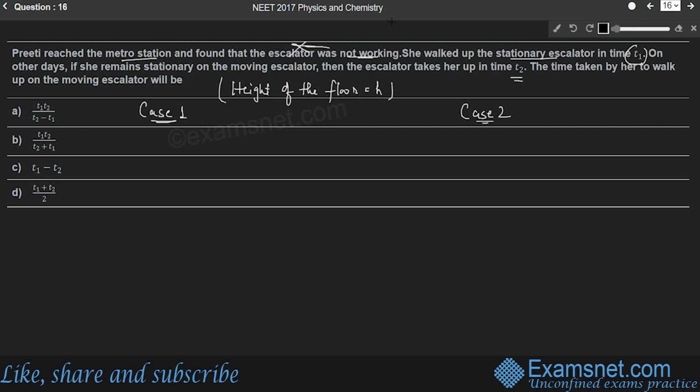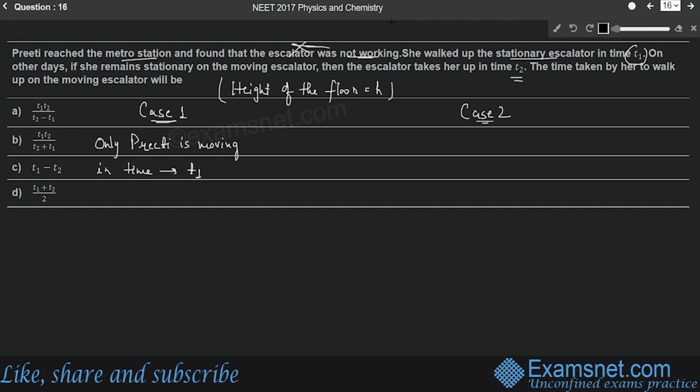So the escalator was not in motion, only Preeti was moving on the stationary escalator. So in this case only Preeti is moving. And what is the time taken by Preeti to move up the stairs? The time is t1, right? So this t1 is the time taken by Preeti.